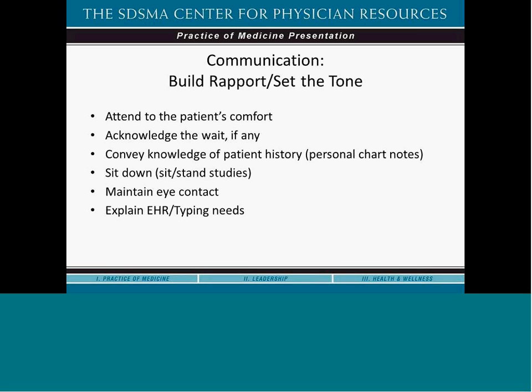Getting the knowledge of the patient's history, the utilization of personal chart notes. This is getting more and more important as we get further down the road to full implementation of electronic health records. One of the negatives of EHR is that we have lost personal touch with our patients. The act of writing and taking your own notes personalized patients to you, whether you realized it or not.